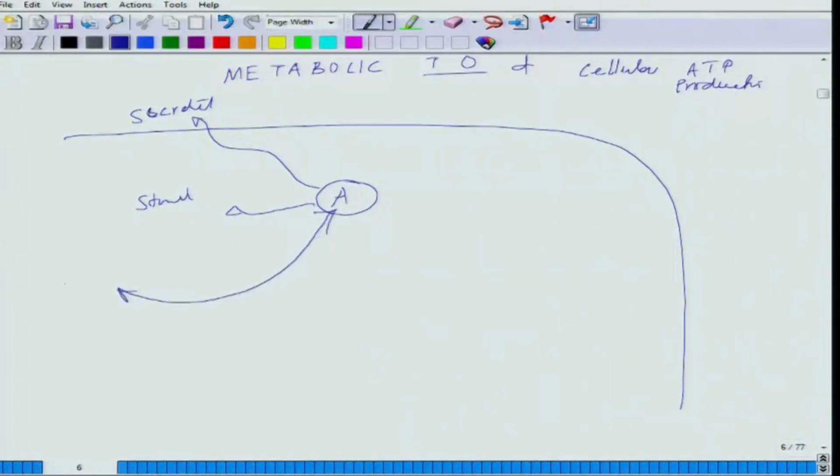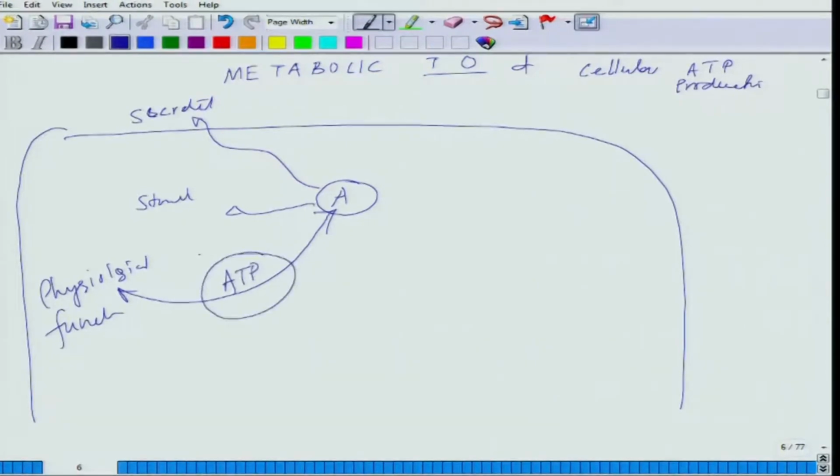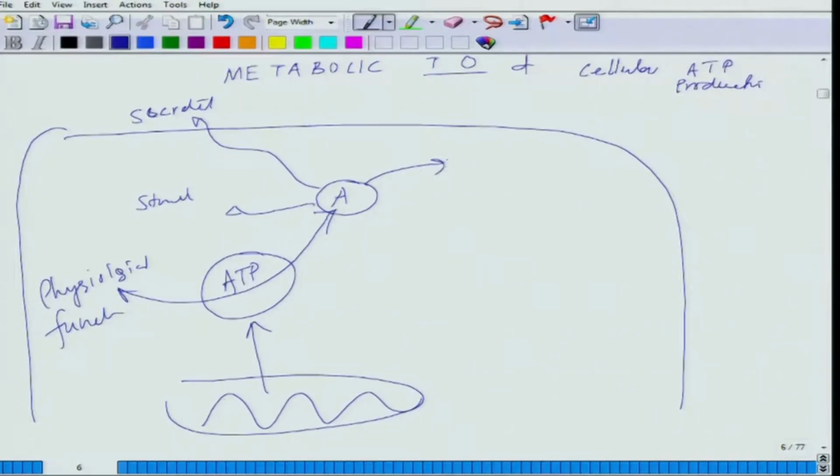They could be broken down and help in different physiological functions. Of course, for that you need the energy-rich molecules ATP, which are produced by the mitochondria. And these anabolic products help growth and maintenance.